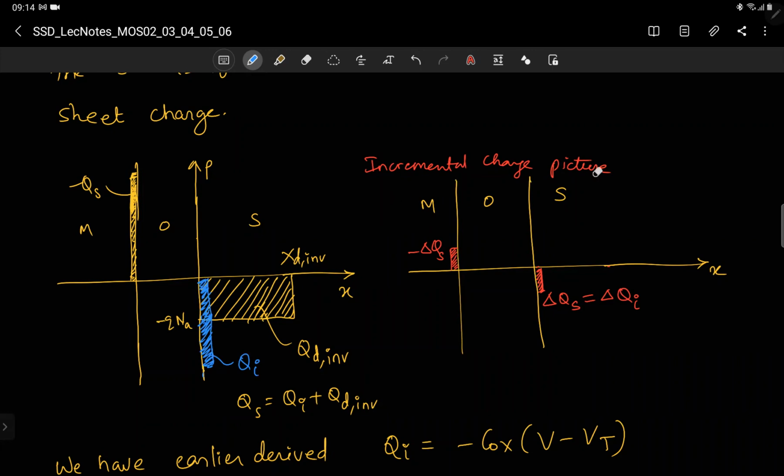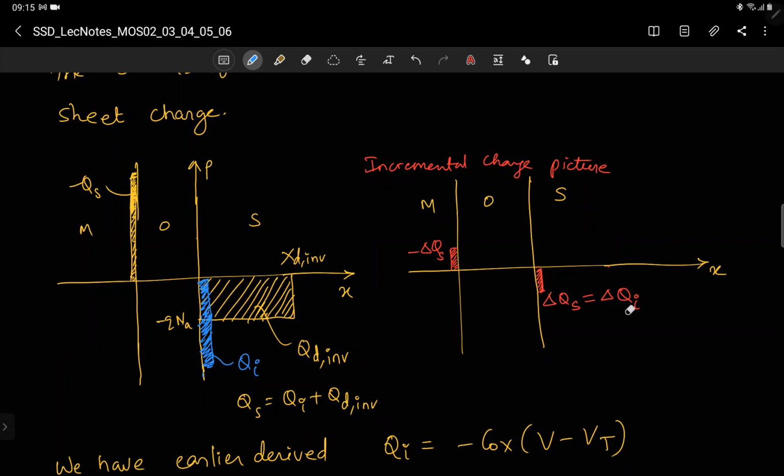Now how does the incremental charge picture look? We know that for every increment in voltage, QI only is going to dominate. So the change happens with QI, and QD inversion doesn't change at all beyond threshold voltage. If QD inversion doesn't change and QI only is changing, then the change is occurring at the oxide semiconductor interface.